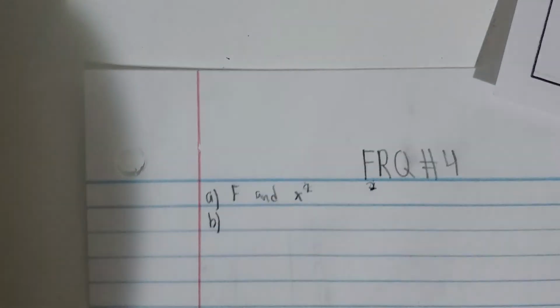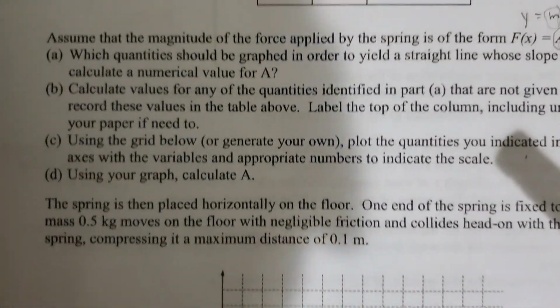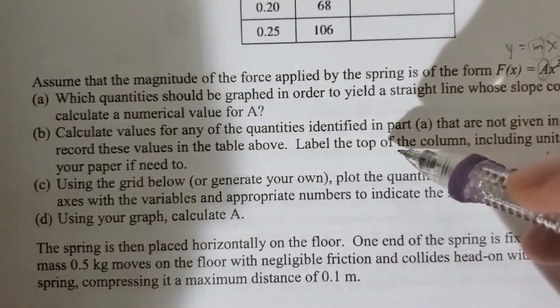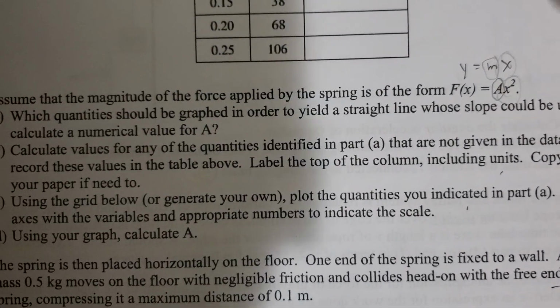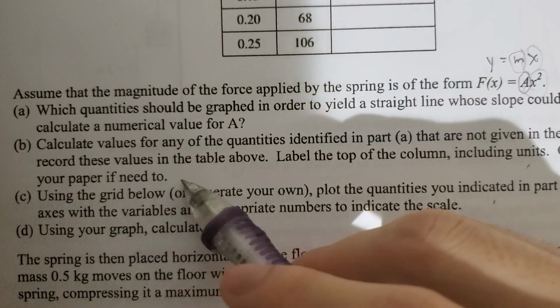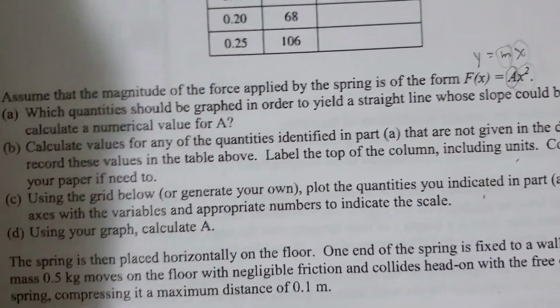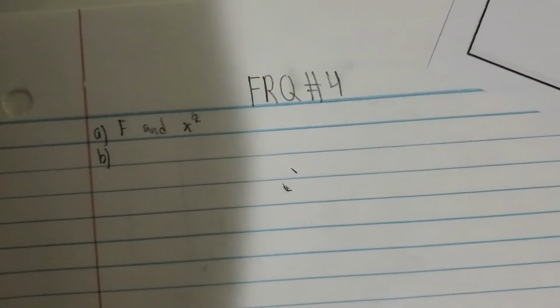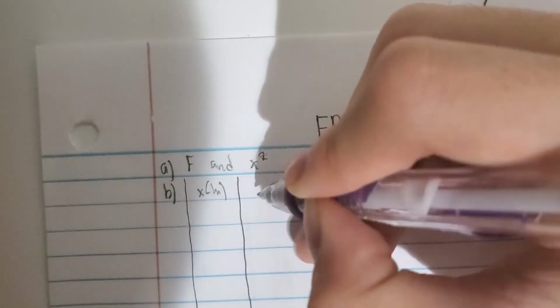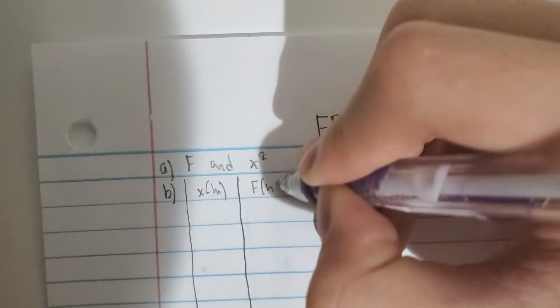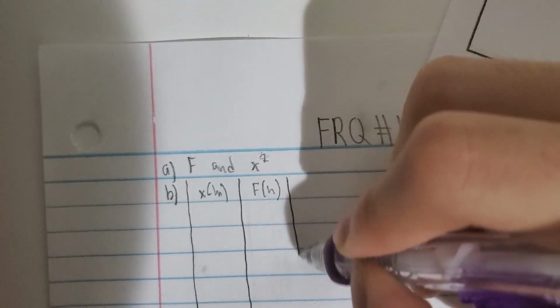Now part B. Part B says to calculate any quantities identified in part A that are not given in the data and record these values in the data table above, or make your own chart. So I'm gonna recreate the data table. So let's see, x in meters, f in newtons, and then there's a missing column right here.